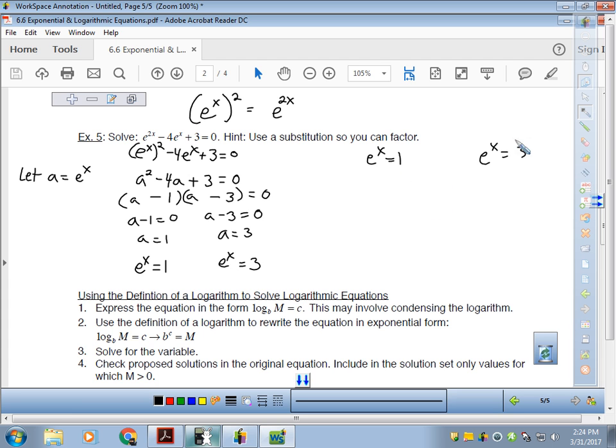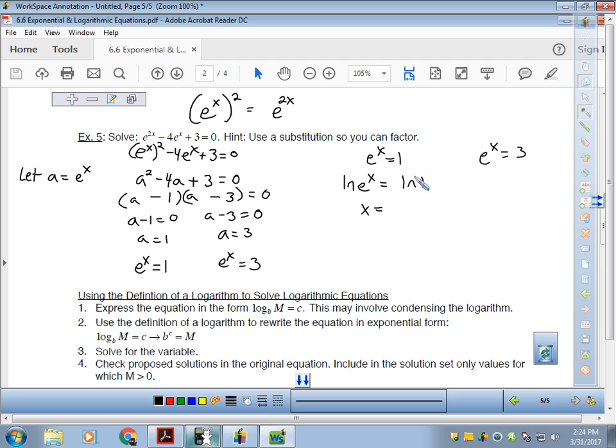Now these are exponential equations for both of them. Now in this one we do not have a common base, so we can't use the common base method. So instead we're going to take a logarithm. Since this is an e, I'm going to use an ln. So ln of e to the x equals ln of 1. On the left-hand side, the ln and the e can cancel out, and I just get an x.